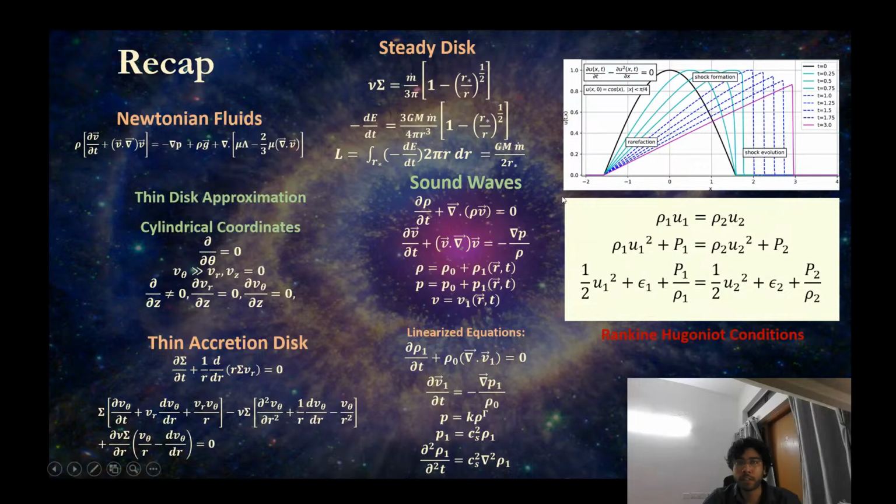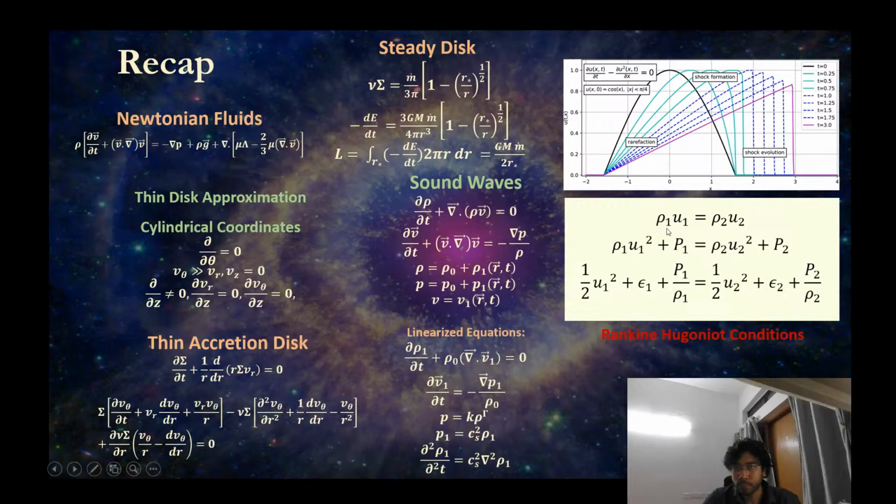What these conditions say is that when you have a shock front, before the shock and after the shock, the mass flux, the momentum flux, and the energy flux are conserved. That comes from the flux conservation equations that we saw in one of the previous lectures.